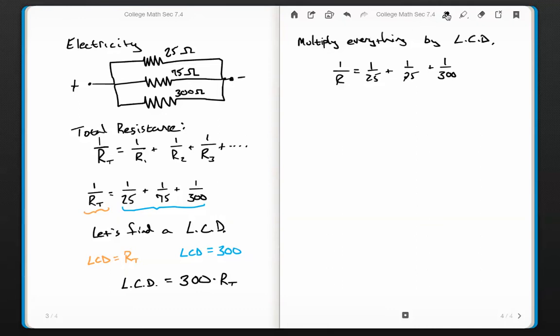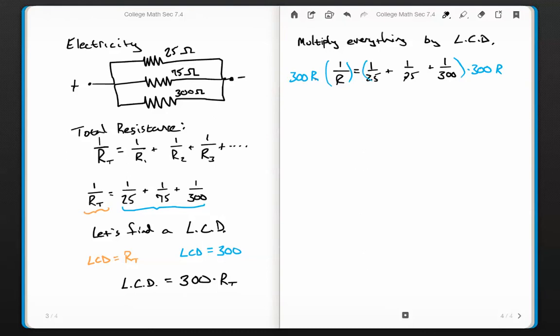Now, I'm going to multiply both sides by the LCD, so times 300r. And so what does that work out to be?